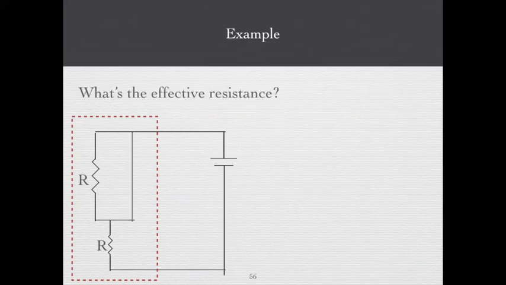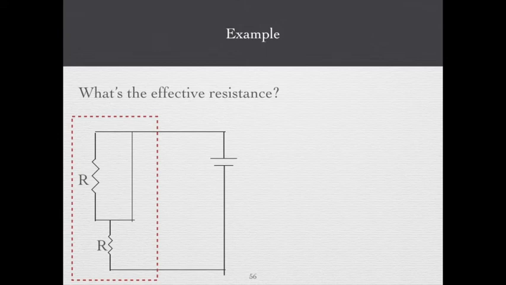How about this? What's the effective resistance in this case? I know the top R and the wire are connected in parallel. Remember, this is the case that we said is shorted. When the current comes to this intersection, you will see the wire as a highway, and the other one has a lot more difficulties. So all of the current will just go through this wire and ignore the top resistor.